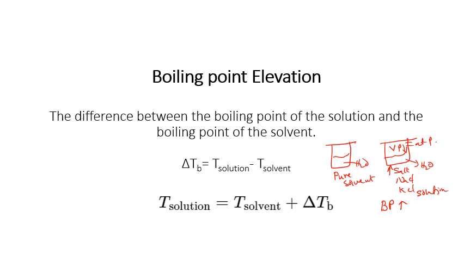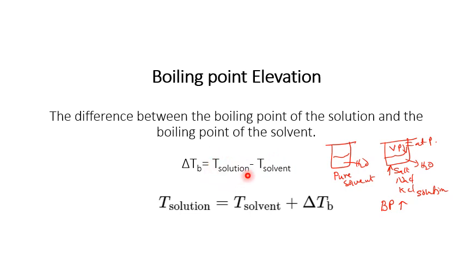That is what is called boiling point elevation, and we can express that by this formula, delta TB, the change in the boiling point, equals the boiling point of the solution minus the boiling point of the pure solvent.